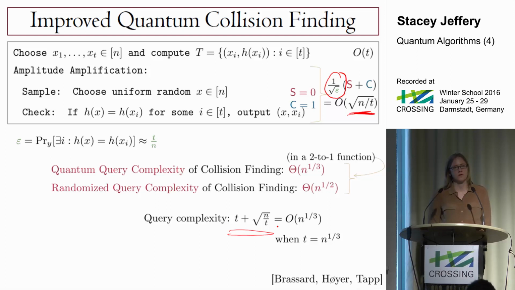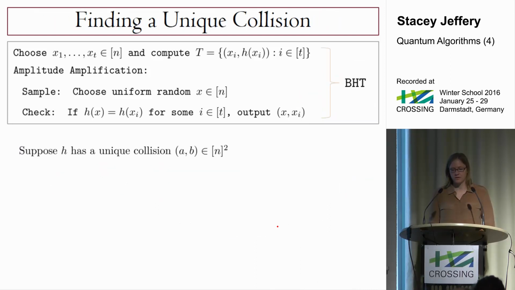Of course, if your function is k to 1, then you can do a slightly different analysis, both quantumly and classically, and you can do better. It's easier to find a collision if you have even more collisions. But we're actually going to consider a slightly different case, which is maybe a bit less relevant to cryptography, but is an important problem in quantum algorithms, and that is finding a unique collision.